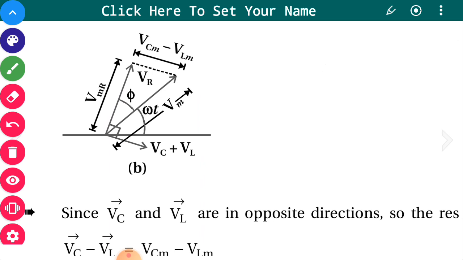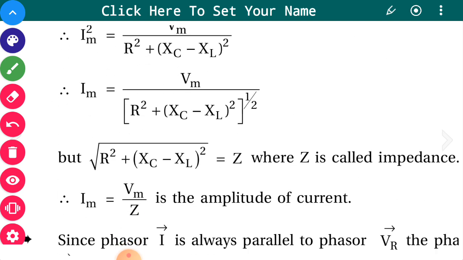Here you can see in this figure, this is the angle phi. So opposite is VCM minus VLM upon adjacent, which is R. So you can find the value of tan phi.